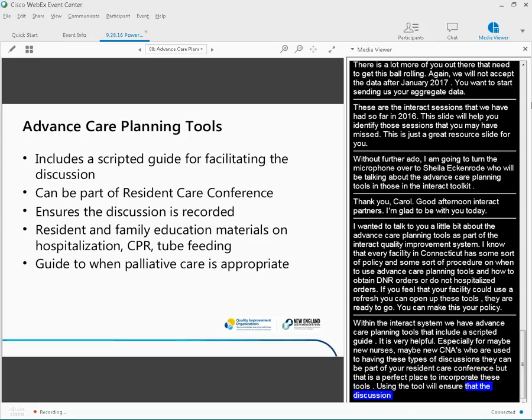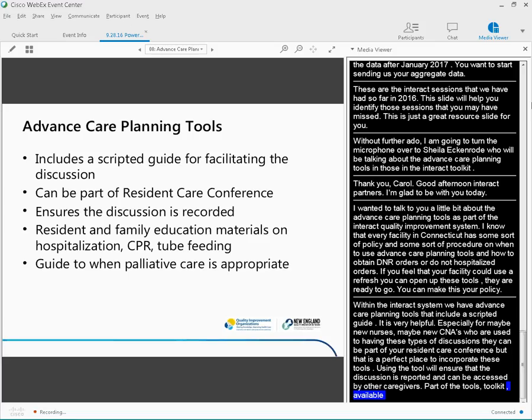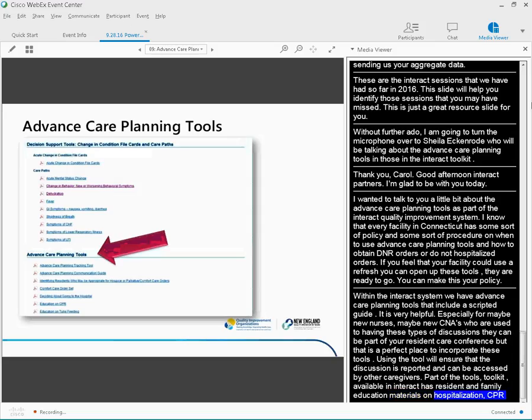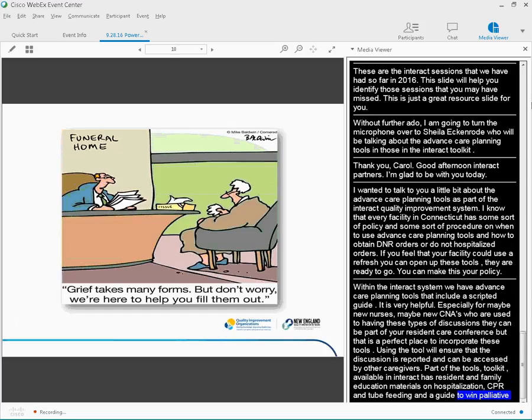Part of the toolkit available in Interact has resident and family education materials on hospitalization, CPR, and tube feeding, and a guide to when palliative care is appropriate. And this is what they look like on the webpage, right under Care Path.